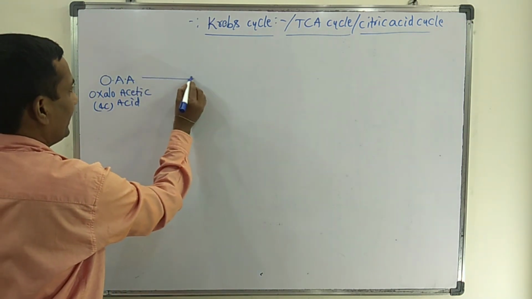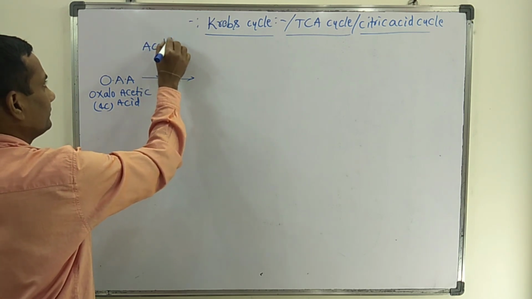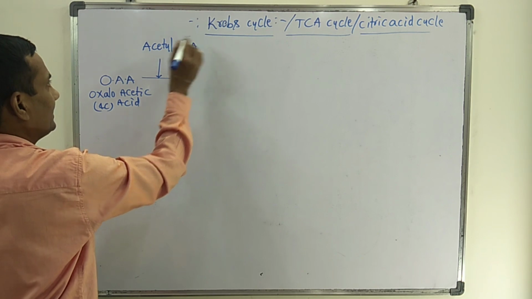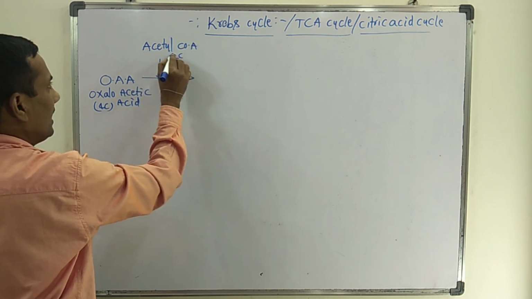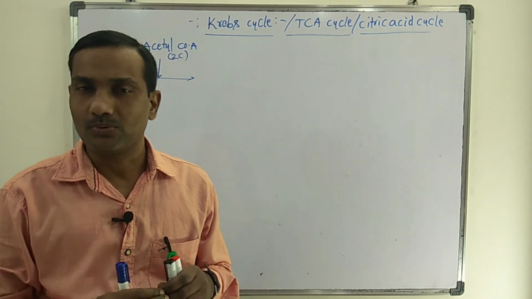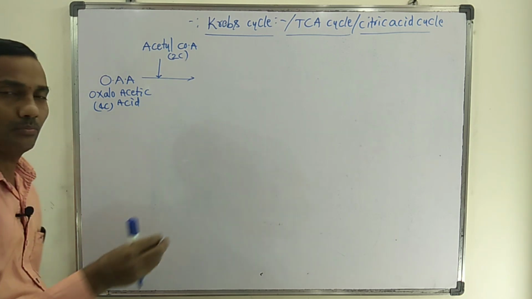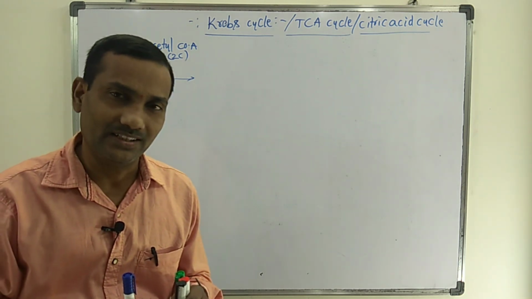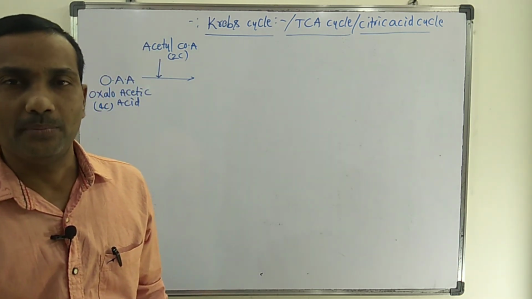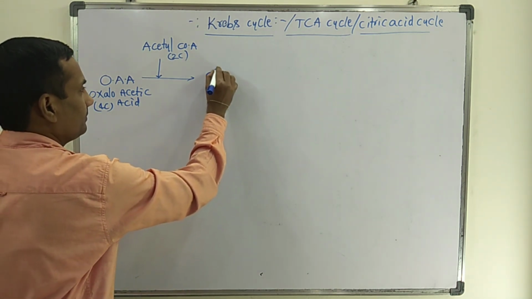That OAA and acetyl-CoA. Acetyl-CoA is a 2-carbon compound, OAA a 4-carbon compound. This 2-carbon and 4-carbon compound both condense with each other, leading to formation of citric acid. It is the first step.